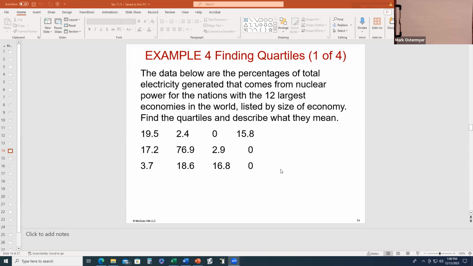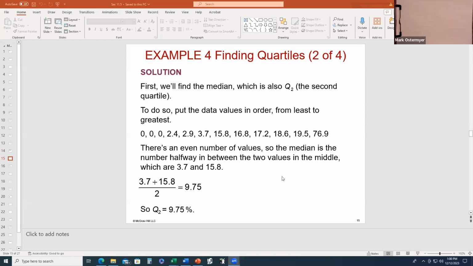So we need to order this data. You must sort it. So now the data has been ordered from smallest to largest, left to right. And the first value we like to compute is the median, because the median splits the data in half. So notice there are an even number of observations in this data set.